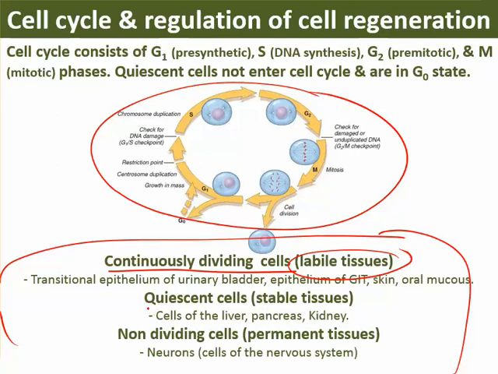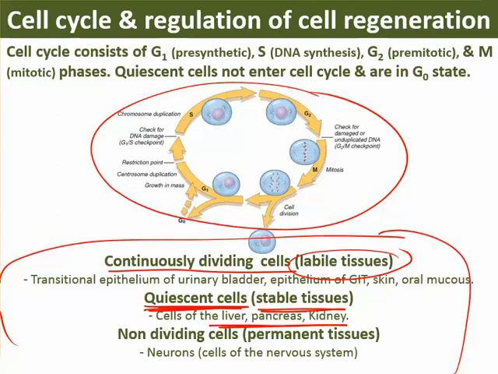Okay, now there are some cells that normally will not divide. When they are needed, they will divide. They are called silent cells or quiescent cells. They are called stable tissue. For example, liver, pancreas, kidney. See, the liver cells, once they become adult, will not divide.